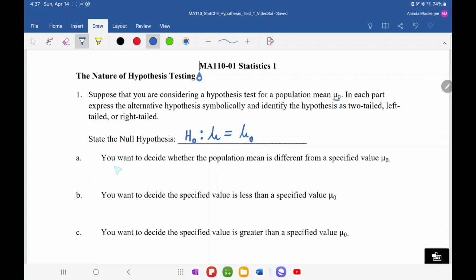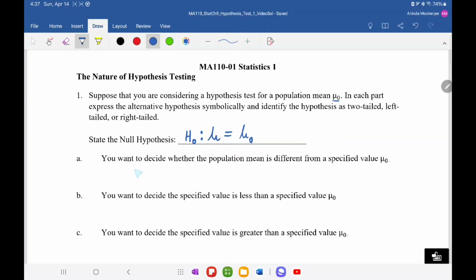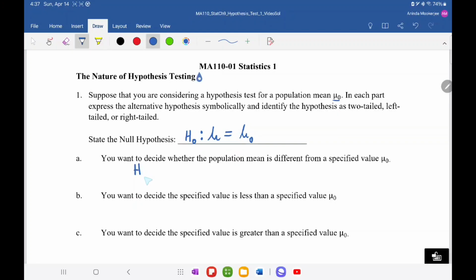Now, part A says you want to decide whether the population mean is different from a specified value mu sub 0. So, over here for part A and also for B and C, they're asking us to write the alternate hypothesis statements. And the way you write it is H sub A for alternate.